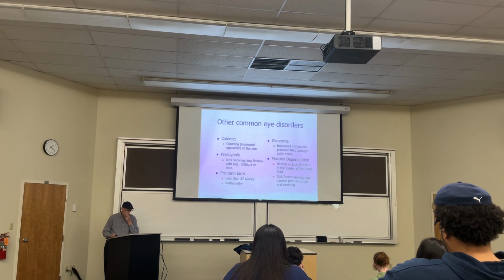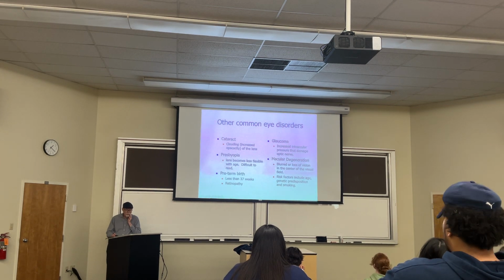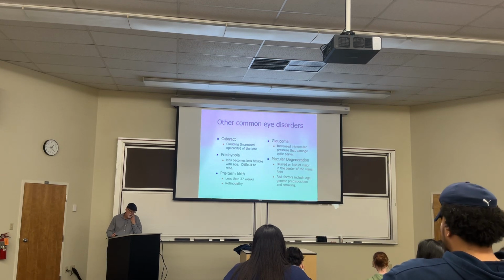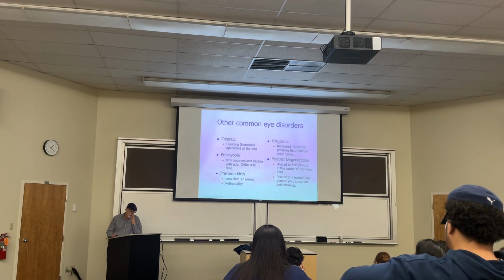Glaucoma: we have a circulating fluid, the aqueous humor, in the anterior and posterior chambers, and it drains through what's called the canal of Schlemm, so you produce it and drain it. Anything that increases the pressure inside the eye, intraocular pressure, is classified as glaucoma.